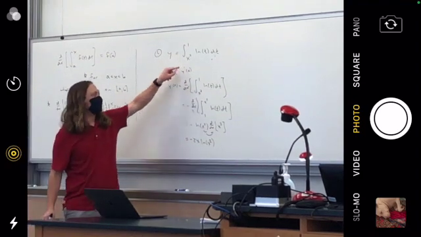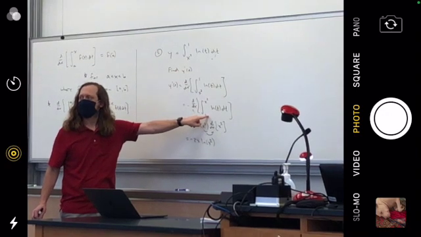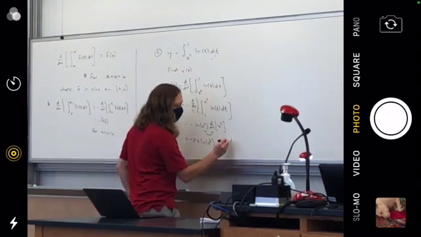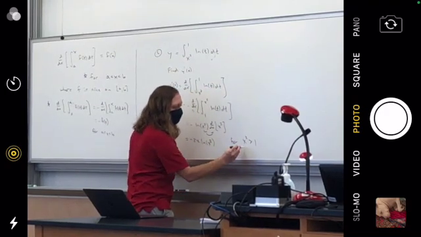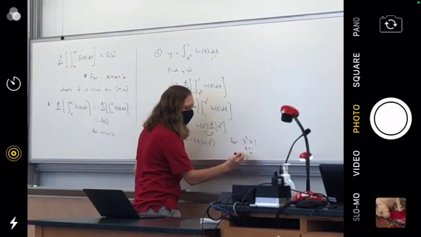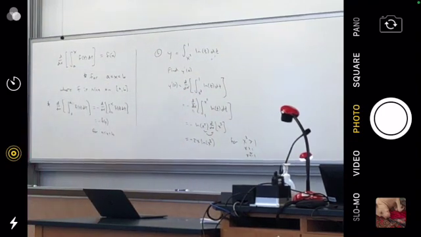This is assuming, when I write this step, I'm assuming x squared is bigger than 1, right? Which means x is bigger than 1 or x is less than negative 1. If x squared is bigger than 1, x is bigger than 1, or it is less than negative 1.